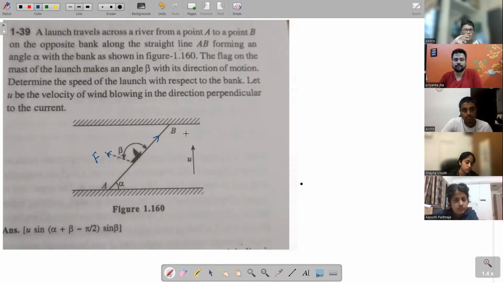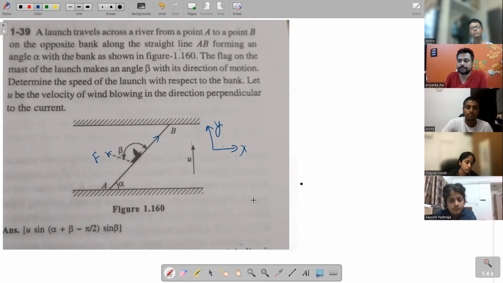So let's find it. Let u be the velocity of wind blowing in the direction perpendicular to the current. Suppose this is your x and this is your y. The velocity of wind with respect to ground is u j.